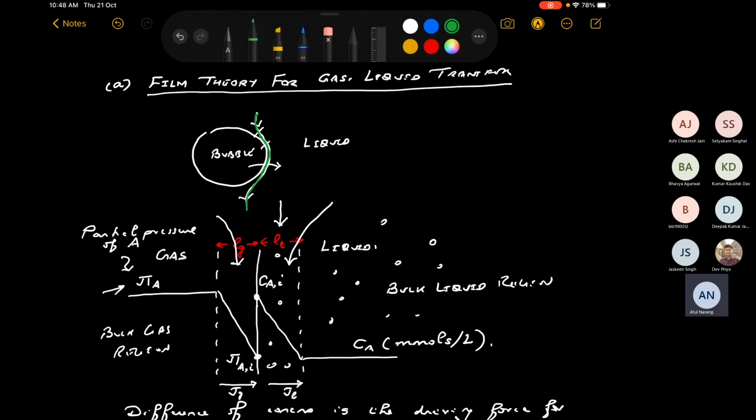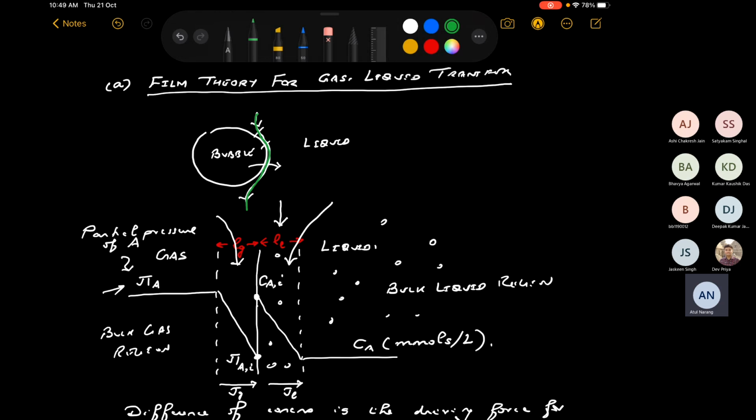A much more realistic assumption is that the liquid does not move so slowly that it spends a large amount of time and steady state develops. Instead, the liquid film moves over the bubble for only a short period. There's a short contact time. That means the mass transfer is actually a transient phenomenon. For a little while, the liquid flows over it and then it disappears.